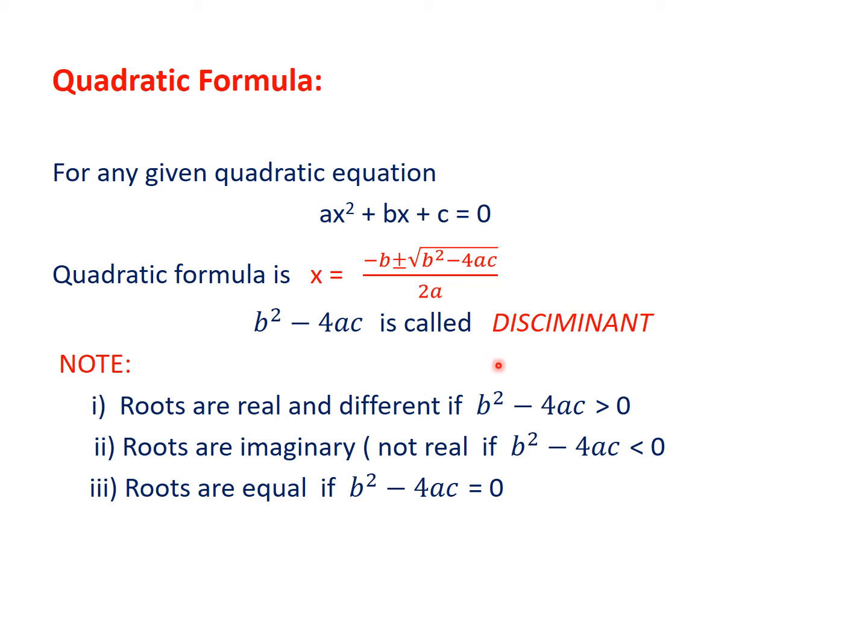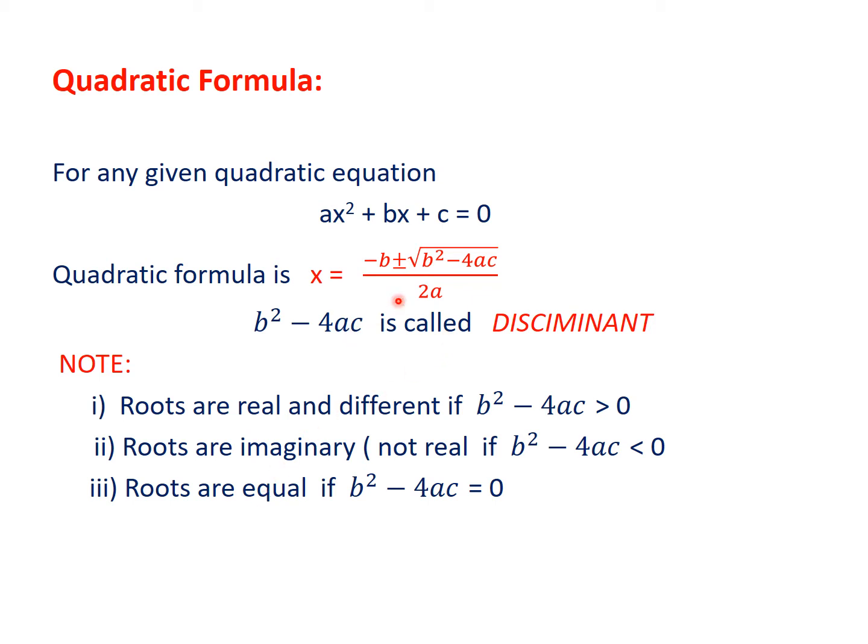This discriminant has a vital role in discussing the nature of the roots of an equation. This discriminant can help us to say something about the nature of the roots. What type of roots are these? Are these roots real and different, or are these two roots equal?